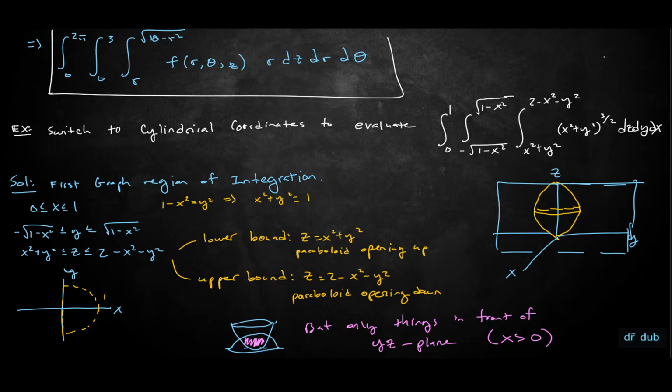So that YZ plane is cutting it off in the back. Normally it'd be a nice circular object, but it's only the front half of it. So it's kind of the space in between these two paraboloids in front of the YZ plane. Does that make sense? The graph.